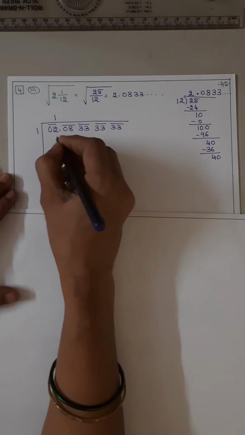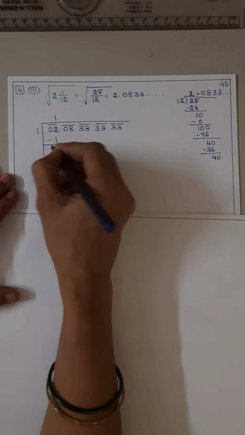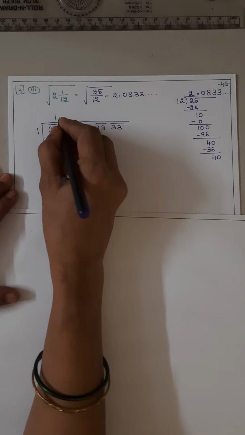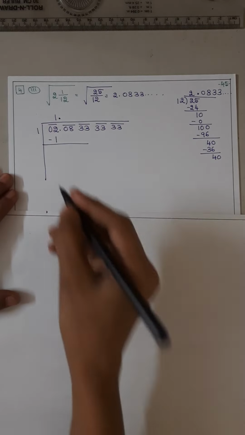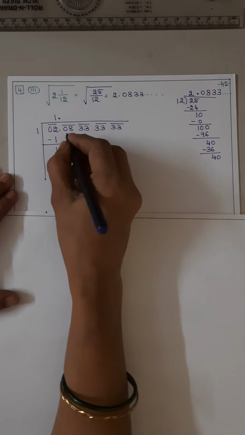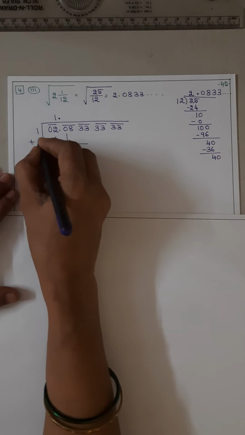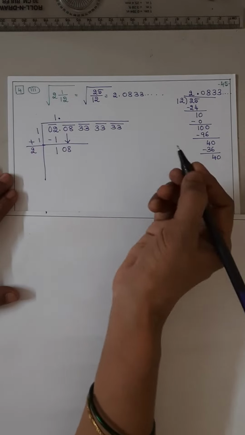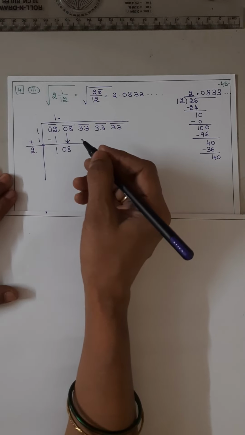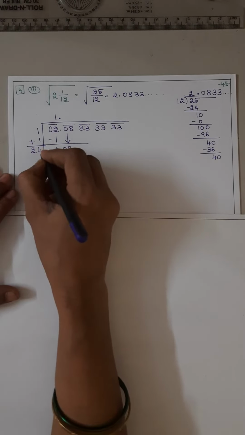Okay. Now 1 ones are 1. Put the decimal point. 2 minus 1, 1. Bring 0, 8 down. Add 1. It will be 2. 2 how much are 10? 5s are, but 5 will be bigger.